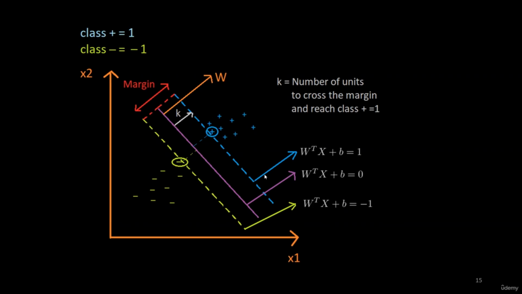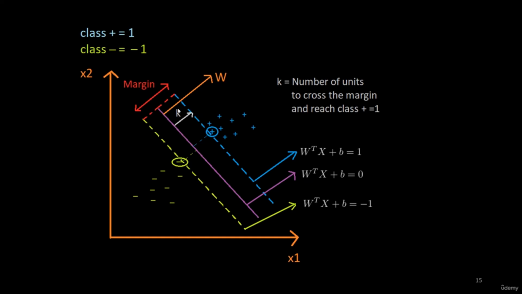So if a point is on the decision boundary, wTx + b is 0, this is the y value. If it is at the positive hyperplane, the equation is wTx + b = 1, and wTx + b = -1 if a point is at the negative hyperplane.